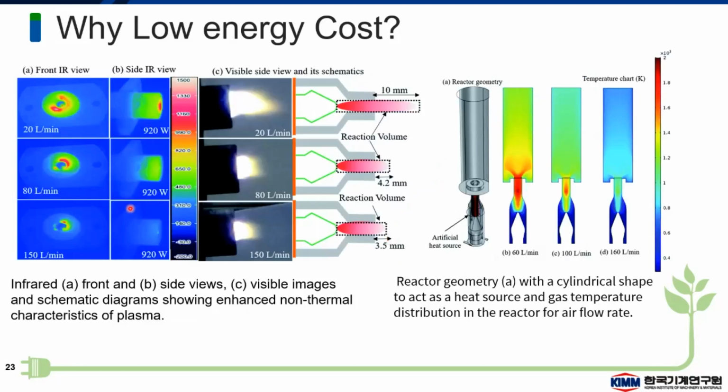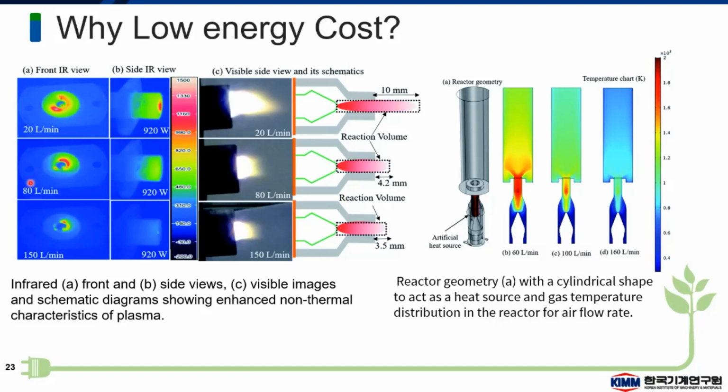To further prove it, we check our reactor with an IR camera. So here are the front view and side view of our reactor with the IR camera. We can see that at low flow rate and high specific energy, our reactor system is red hot, showing high energy losses to the reactor.